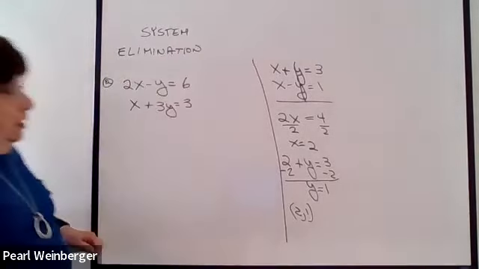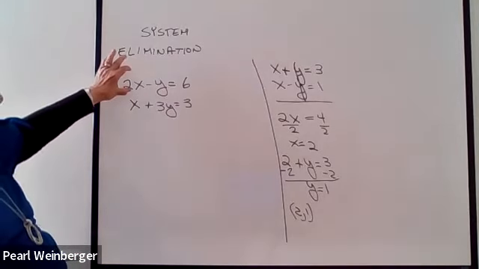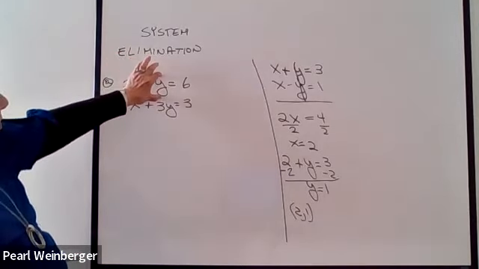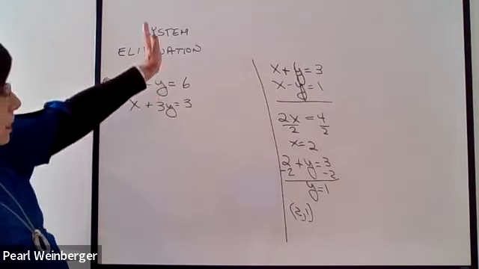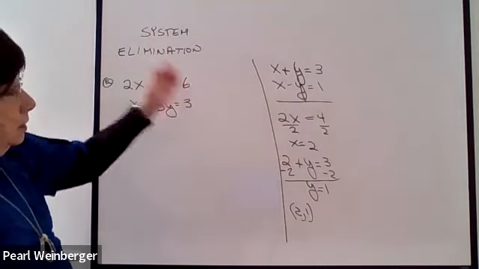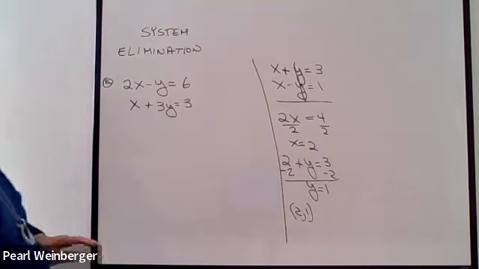And again, I see I have a system of equations, and they're again written in the standard format. The x's are lining up, the y's are lining up, the equals are lining up, the numbers are lining up. So we have this system of equations.